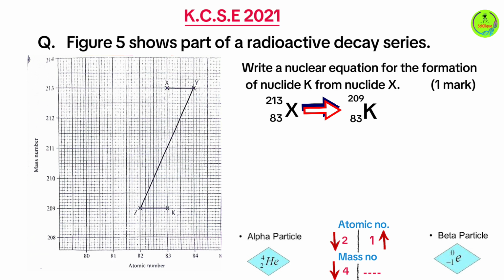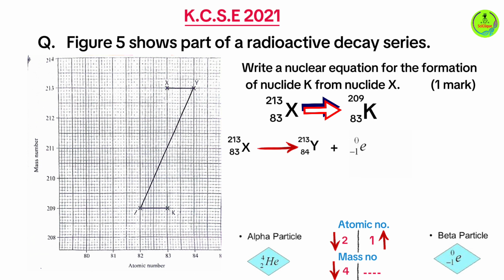So let's go systematically, starting from X. X undergoes radioactivity leading to formation of Y. Now let's look at Y. Y has the atomic number of 84, same mass number as X. So this is beta radiation. A beta particle was released. Why am I talking about this?